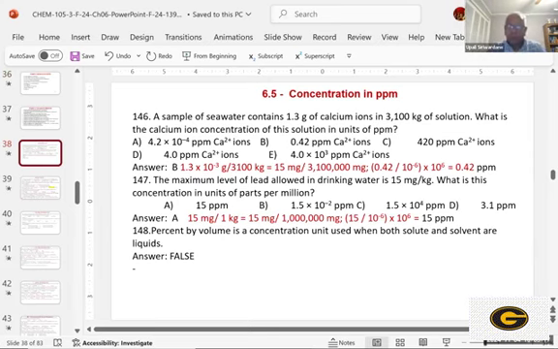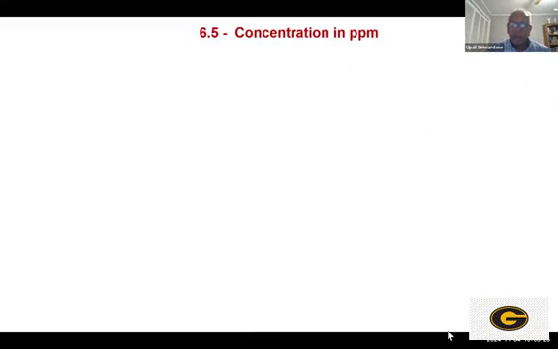Let me go to ppm concentration. One of the concentration units we use for pollutant concentration, which are present in the water and the air in small amounts, is expressed in ppm. ppm is the same as percent composition, but we use 10 to the 6 multiplication.